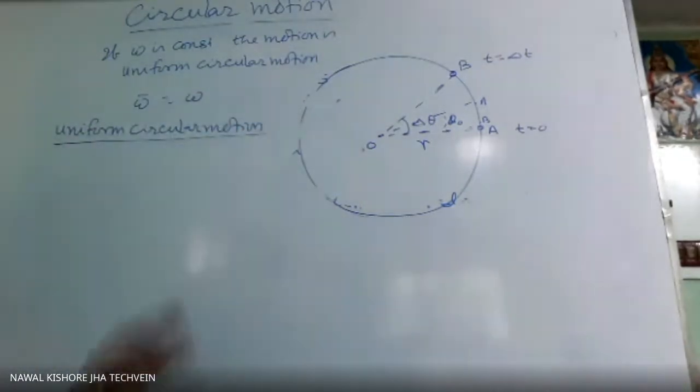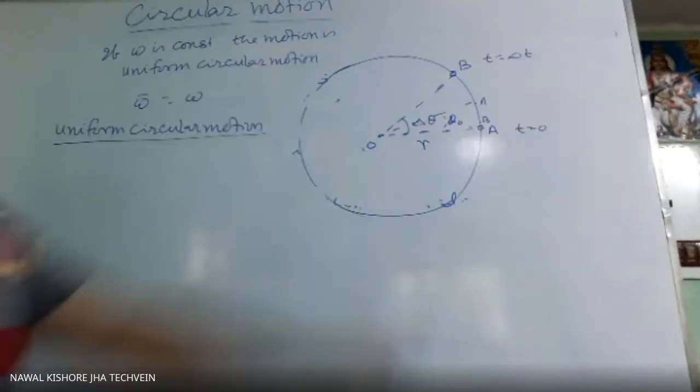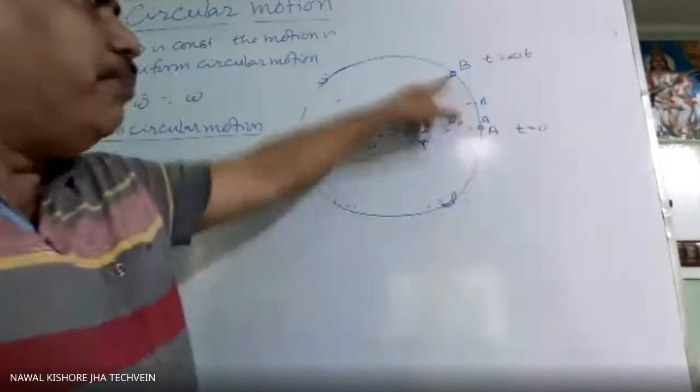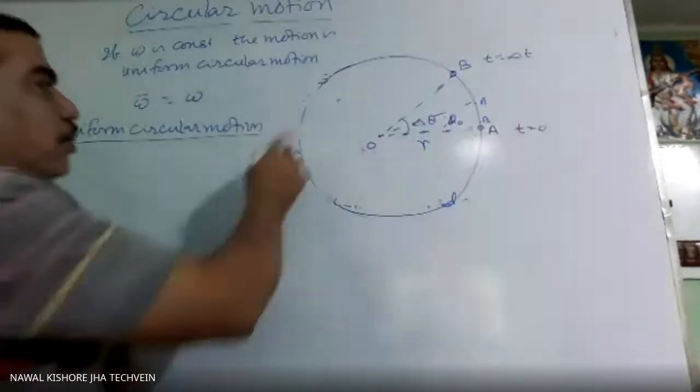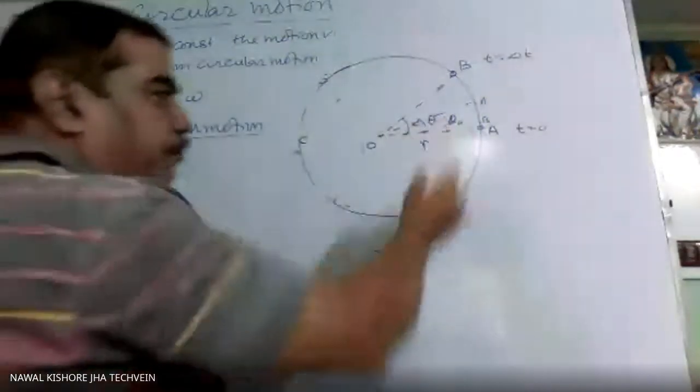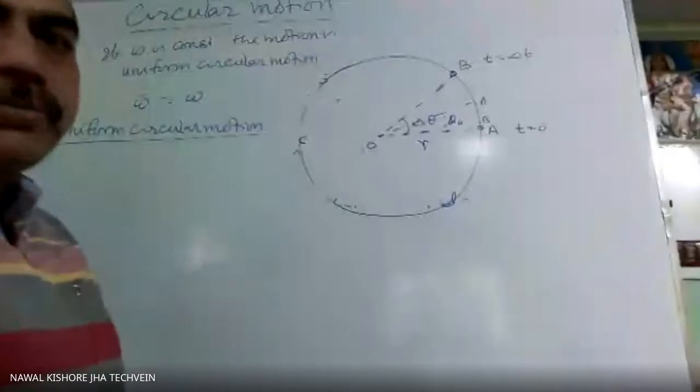In this case, as we know, average angular speed or instantaneous is the same always. So there is no change in the speed. Whether you find average between A and B or between A and C, or for complete rotation, no problem. Speed is not changing.